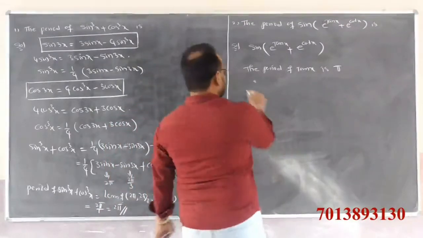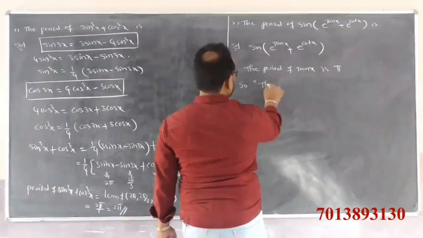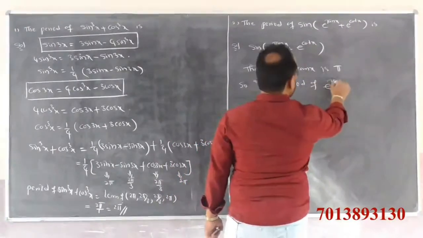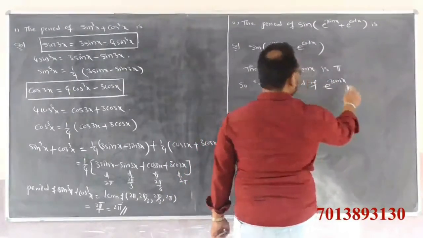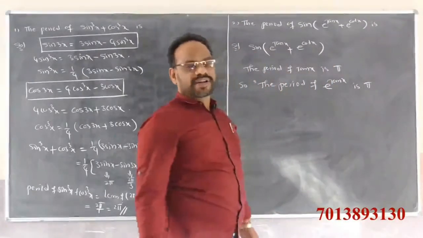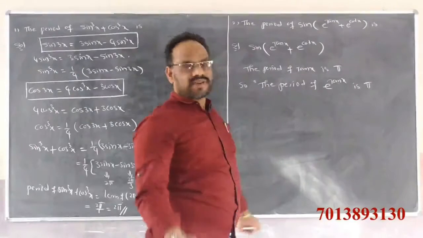So the period of e power tan x is also pi, and e power cot x is also pi.